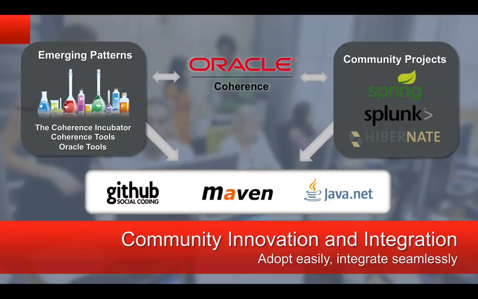So we drive a lot of emerging patterns there, but also community projects such as Spring, Hibernate, and Splunk, where we leverage the benefits of open source to deliver new functionality, new integration very quickly as part of our product. And these are all tied together by Maven, which provides for a very nice developer experience, integrating the coherence together with community projects and the emerging patterns.